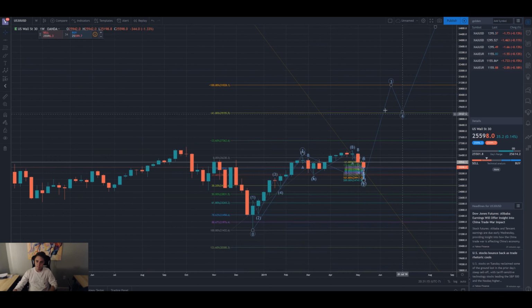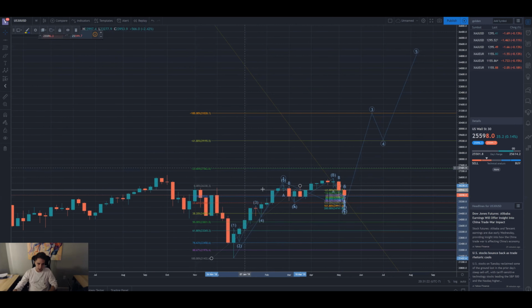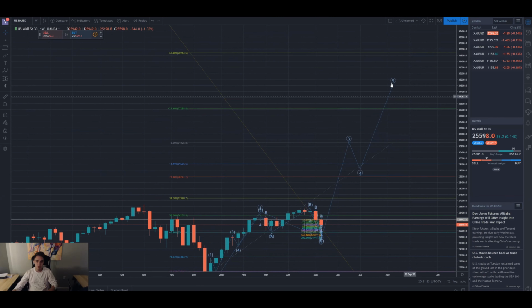And then we'll see a 5-wave continuation up after that. So I can even mark up the next one as well. So if this 3 is perfect, and that's a big if, I do not know if this 3 is perfect, then we are expecting the 5th wave to finish at least at a minimum at this 236 over here.